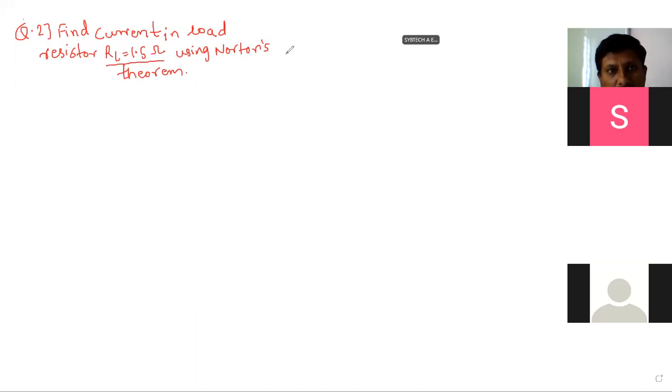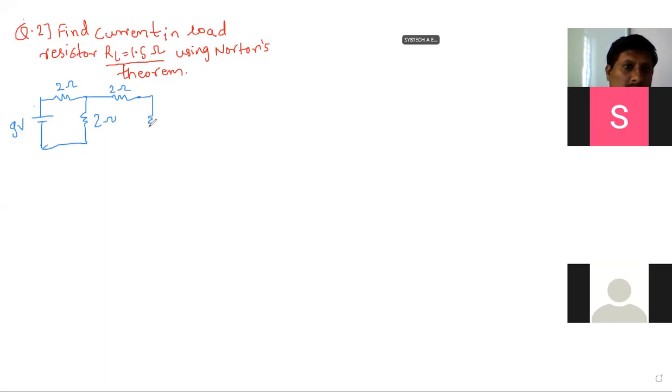The circuit diagram is given like this. This is a 9 volt source, this is 2 ohm, this is 2 ohm, this is 3 ohm, and this is the load resistor RL, given as 1.5 ohm.